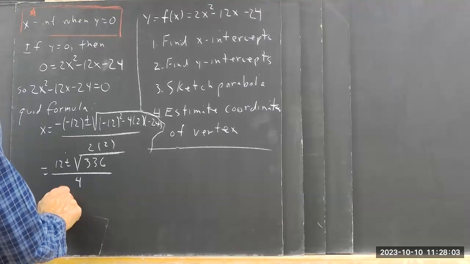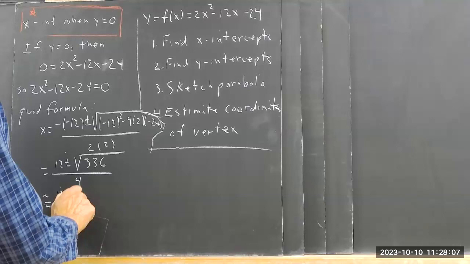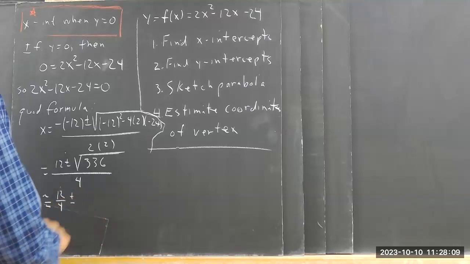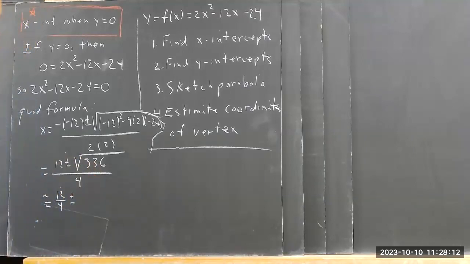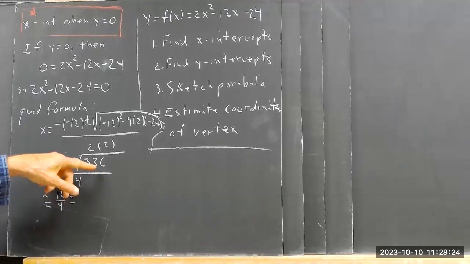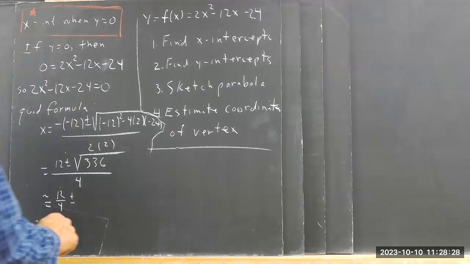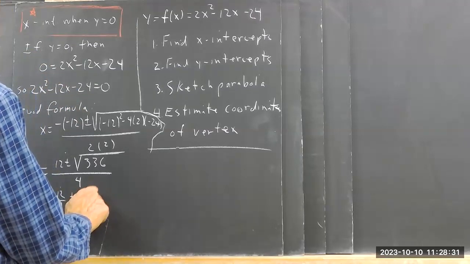So this is, okay. Now, 324 is 18 squared, 19 squared is 361. That's only 12 from, so I'm thinking this has to be about 18.3.